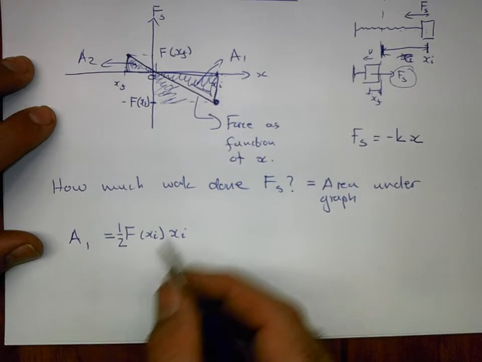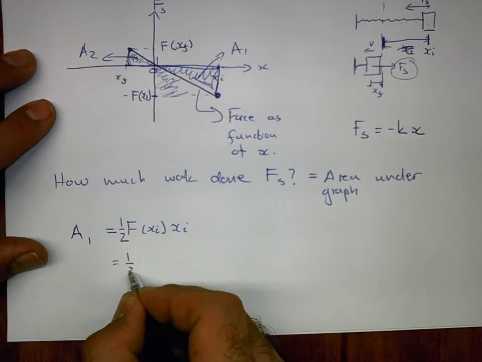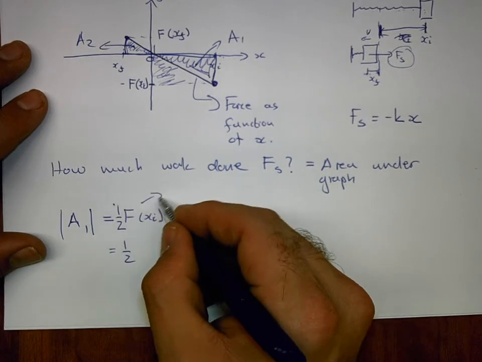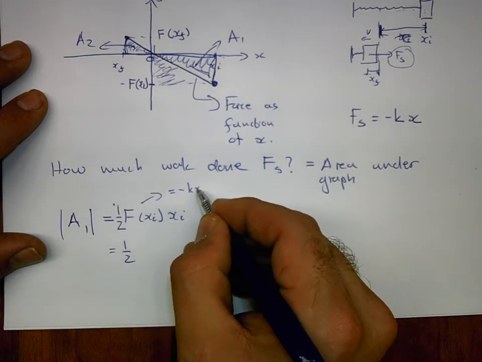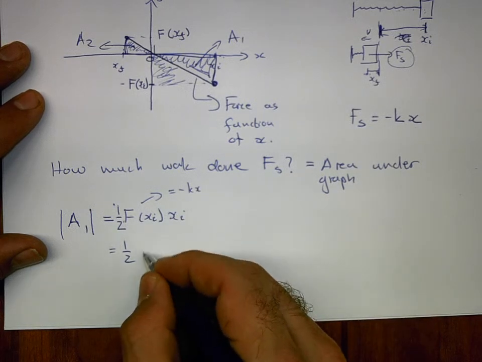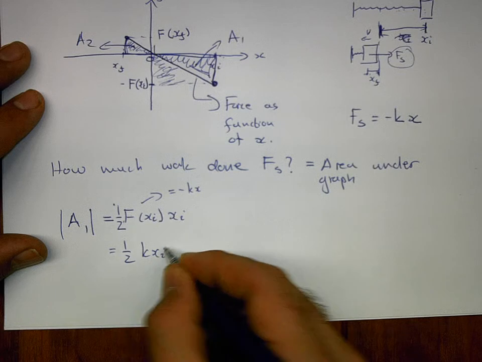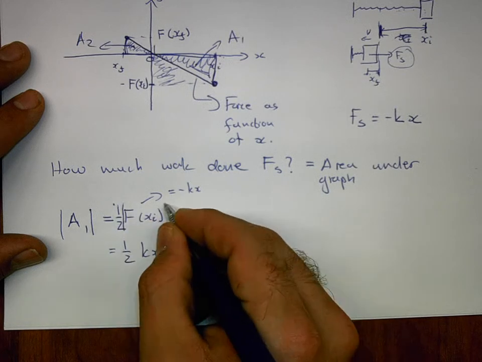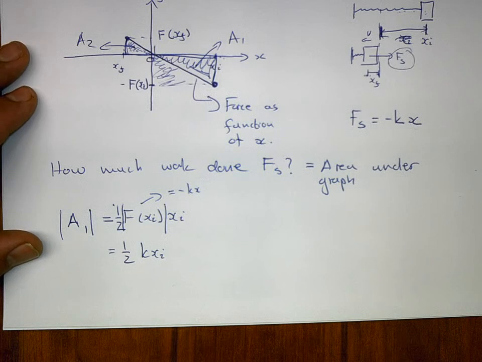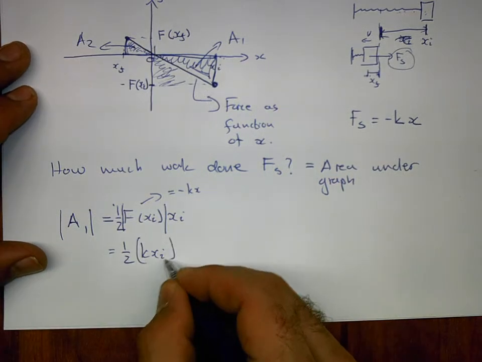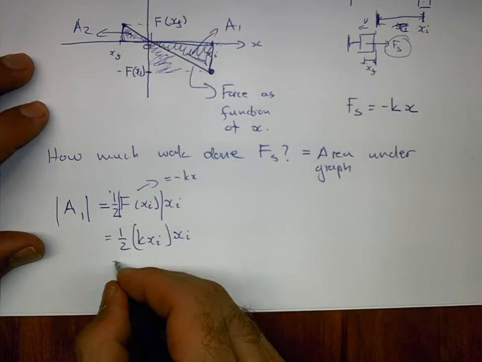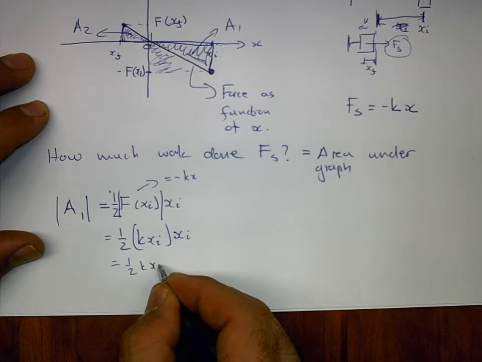If we're just interested in magnitudes, we know F is just equal to negative k times x. So the magnitude of this will just be k times x initial. For now, I'm just interested in how large that area is, so I'm not interested in signs just yet. That's the magnitude of the force times that. So we get a half k x initial squared.